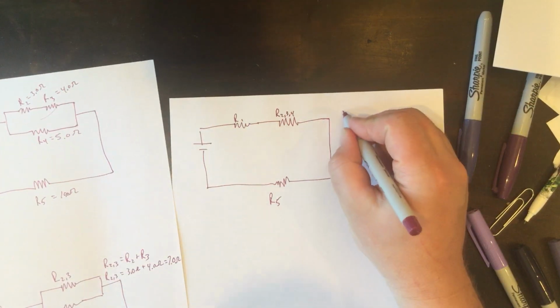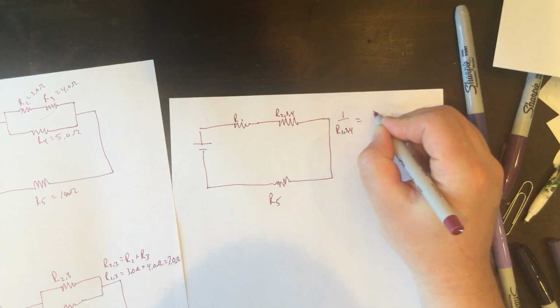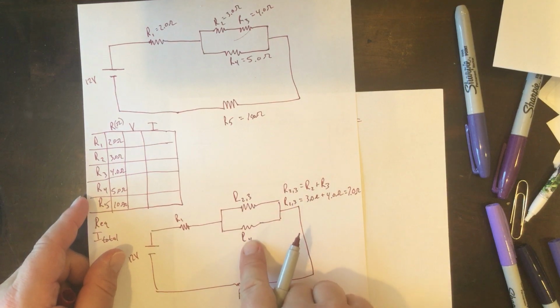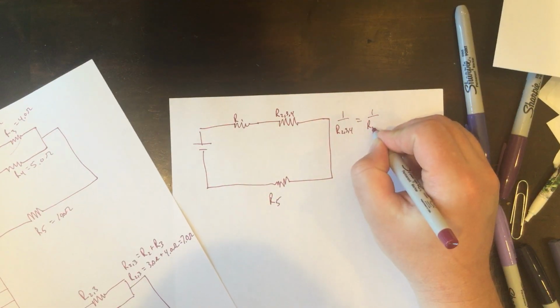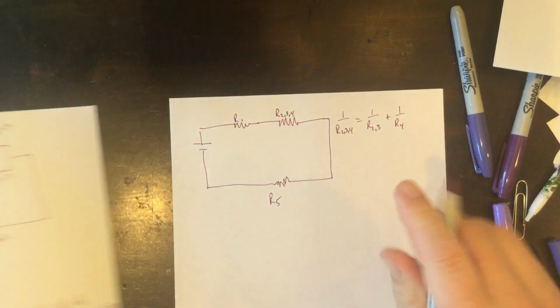So they're parallel. So 1 over R2,3,4 was 1 over this plus 1 over this. So 1 over R2,3 plus 1 over R4.